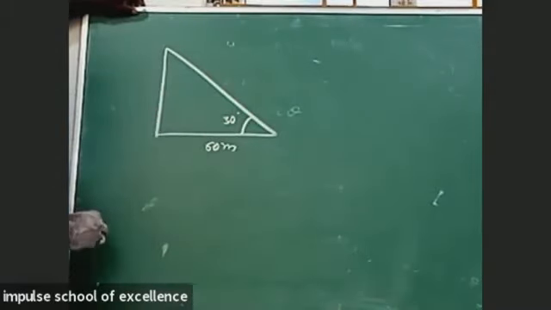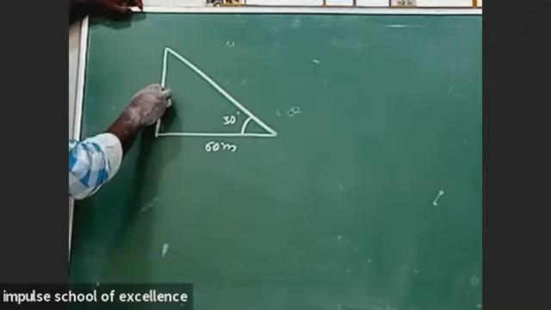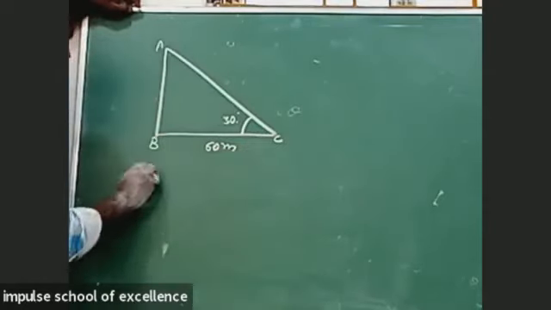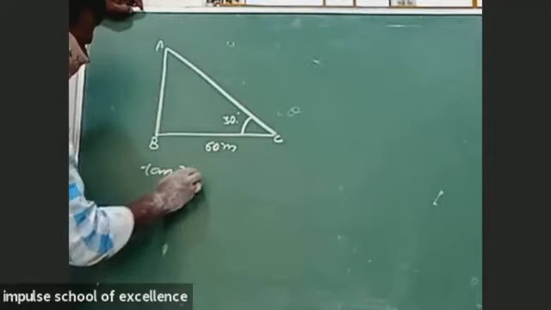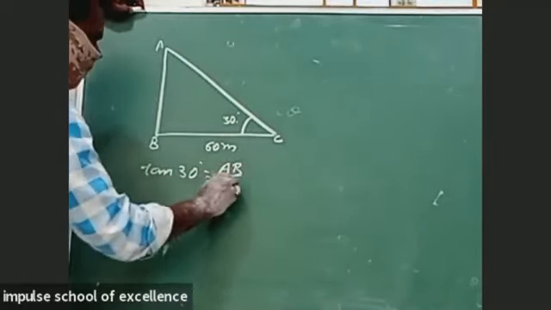So to calculate its height, which ratio are we going to take? Tan ratio we can take. Why? Because it is opposite side by adjacent side, right. So let us write it as A, B, C. So tan 30 degrees is equal to AB by BC.